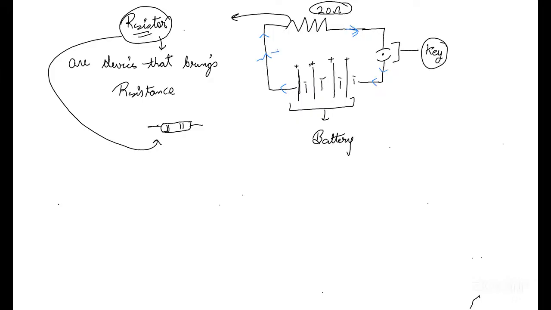If 20 ohm resistance is there in the circuit and 5 ampere current is flowing, the question is: calculate the potential difference, which is V.